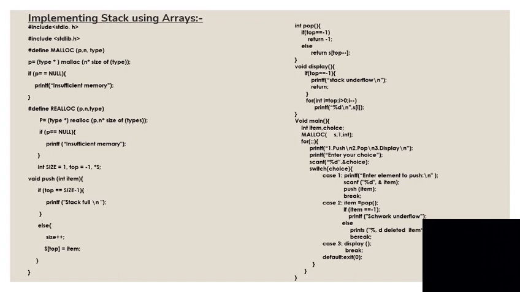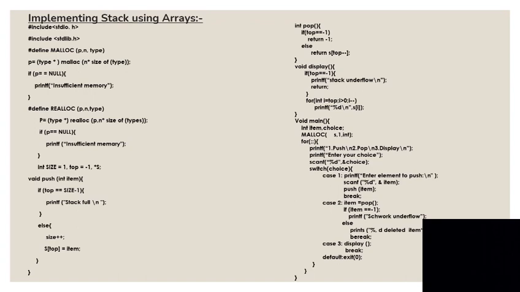If top is not equal to minus 1, then the if condition fails, and execution enters the else condition. In the else condition, we return the popped item using top minus minus. This ends case 2.